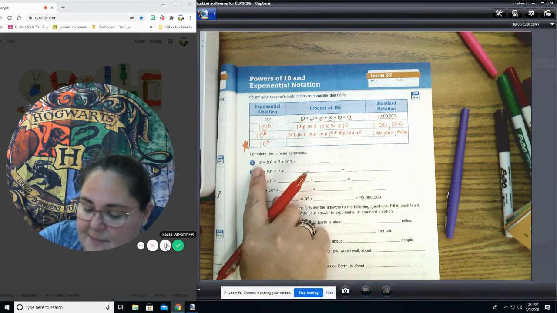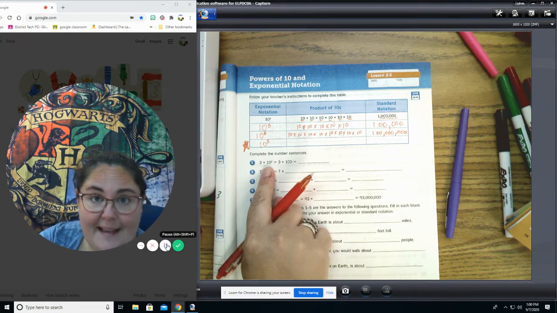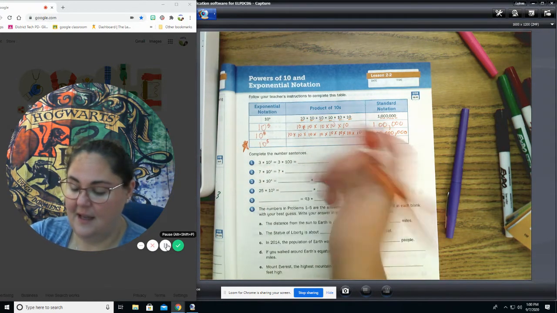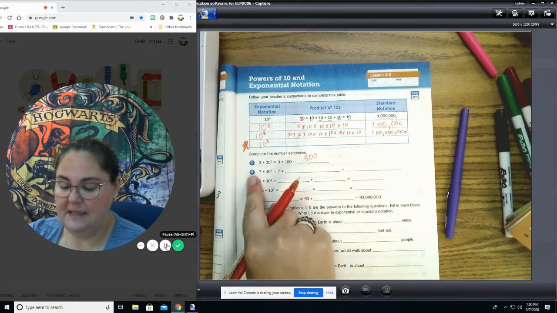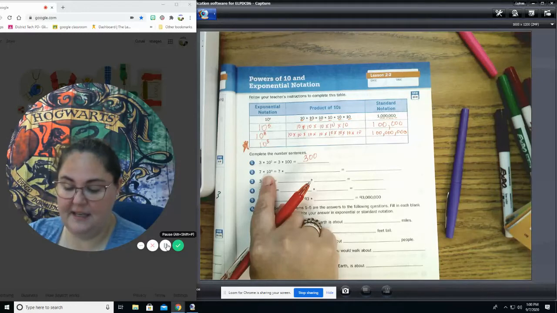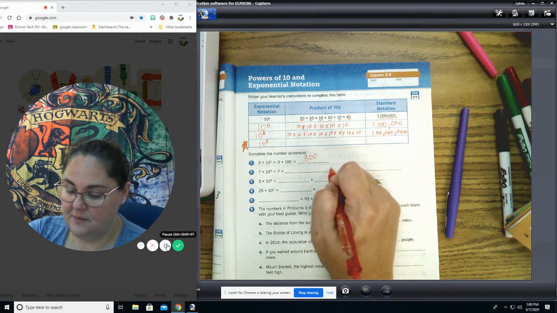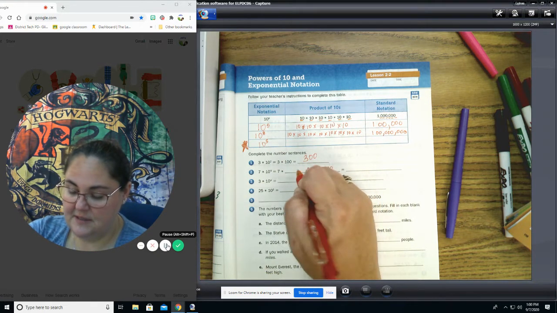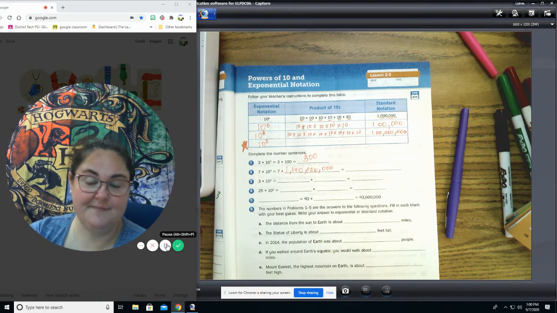3 times 10 to the second is the same thing as 3 times 100, and that is equal to 300. 7 times 10 to the 9 is the same thing as 7 times 1, 2, 3, 4, 5, 6, 7, 8, 9, a billion.